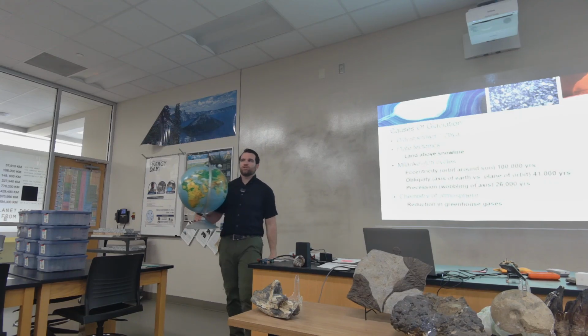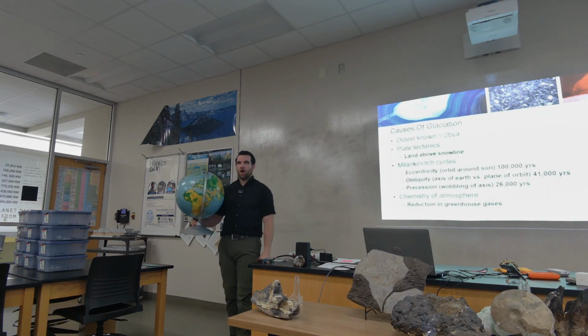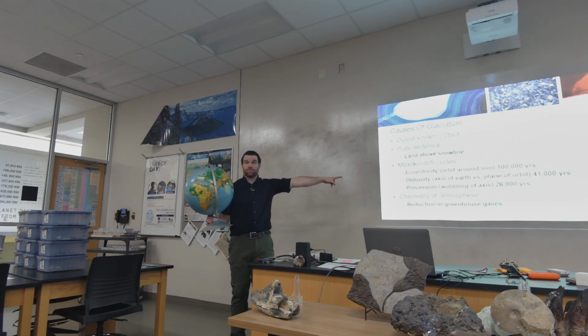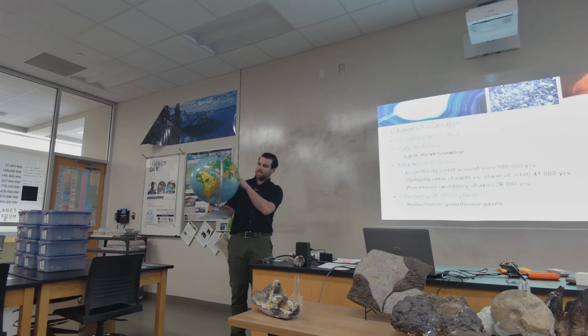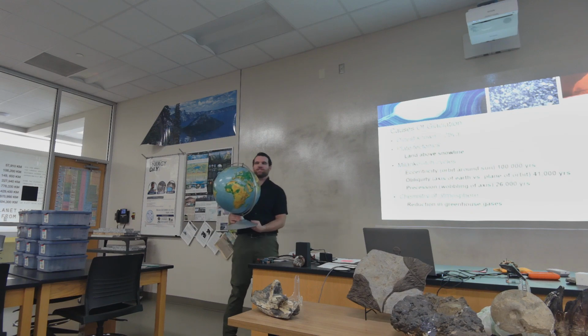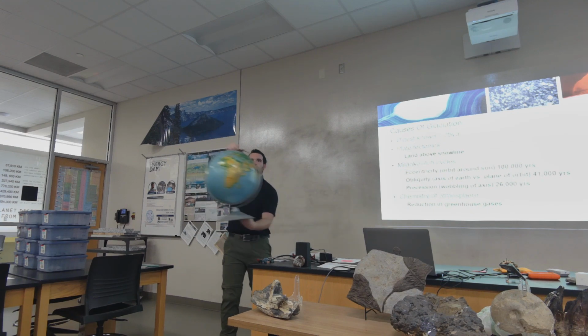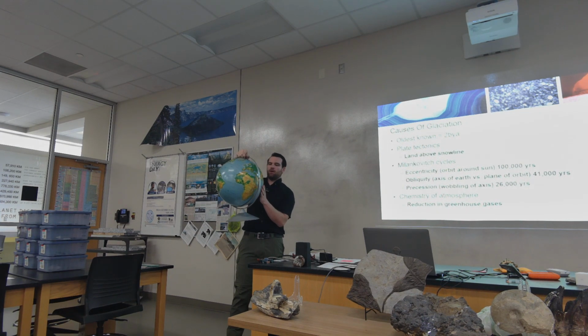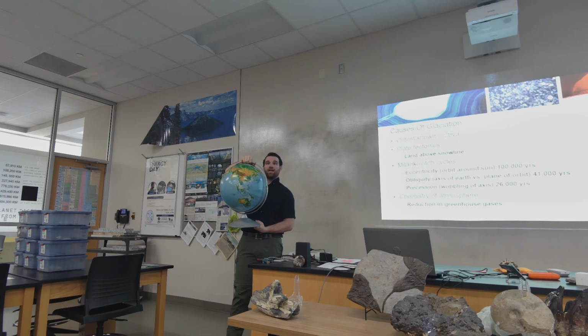So we have our eccentricity, and our obliquity, which is the axis of the Earth versus the plane of our orbit. Here's the axis of our planet, versus the plane of our orbit, which is along the equator. Then we have our precession. Not only is Earth spinning along this axis, 23.5 degrees, but it's also wobbling in space, like this.